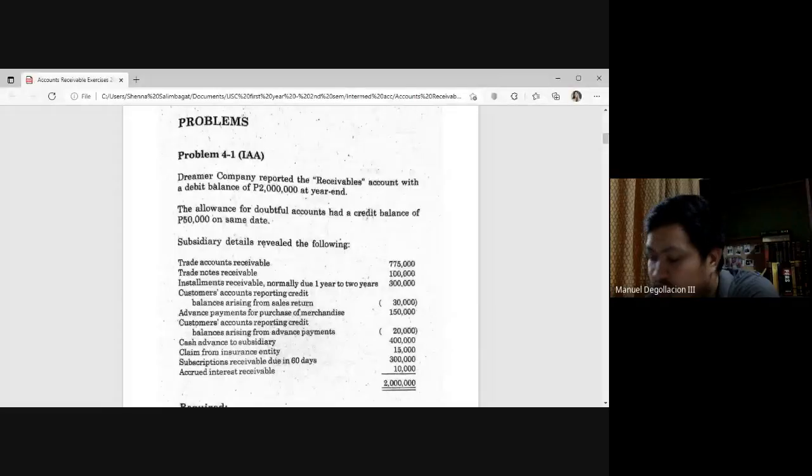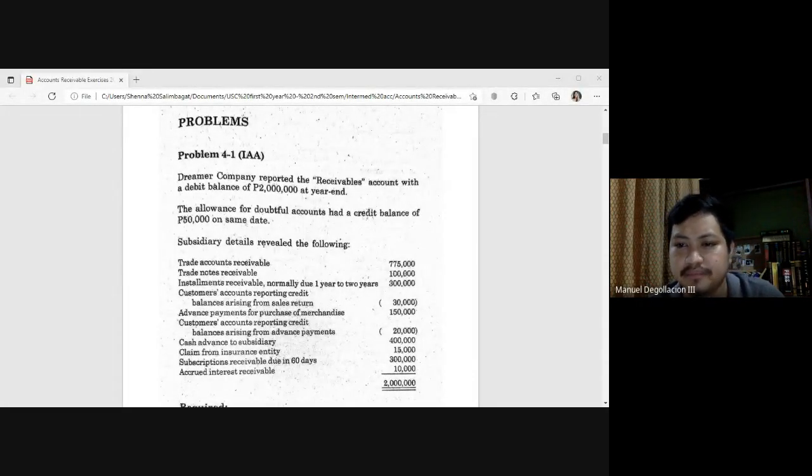You will be using the accounts receivable account for transactions or receivables arising from the regular course of your business. If you've read your textbook, you have two major kinds of receivables, trade and non-trade receivables.